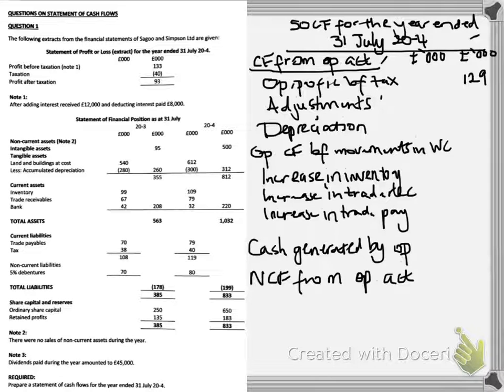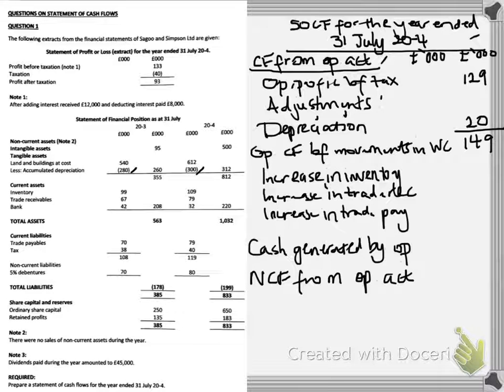We have already calculated depreciation earlier. From the question, we have depreciation of 20,000 pounds. That gives 149. Next we will record the movement in working capital.